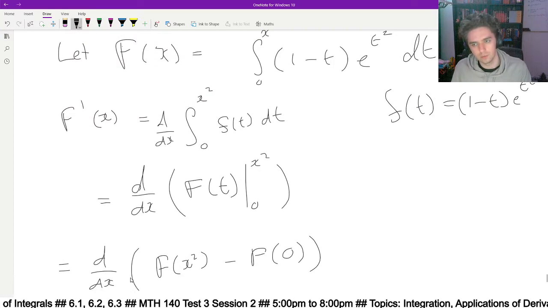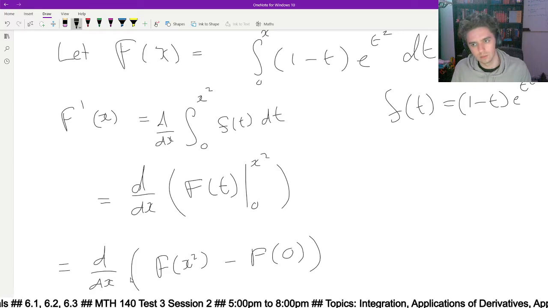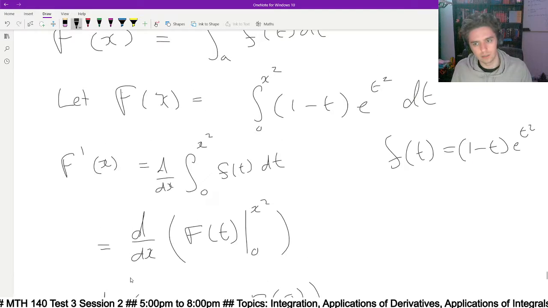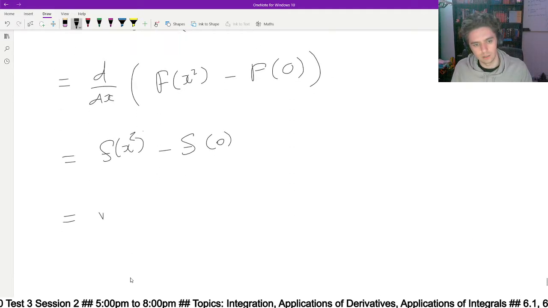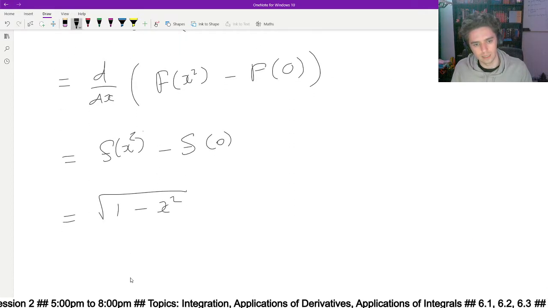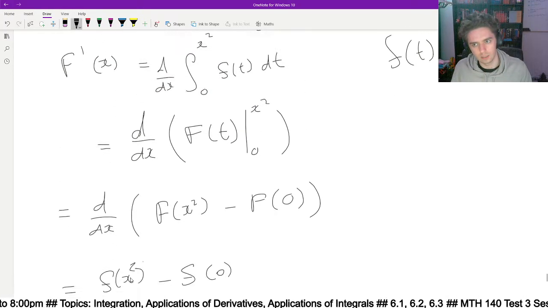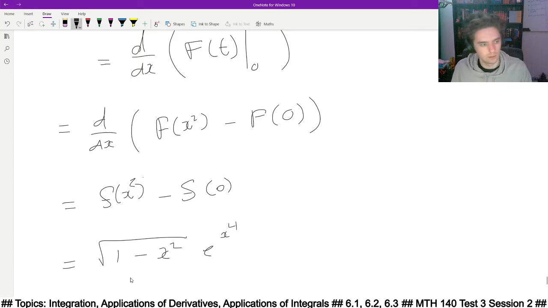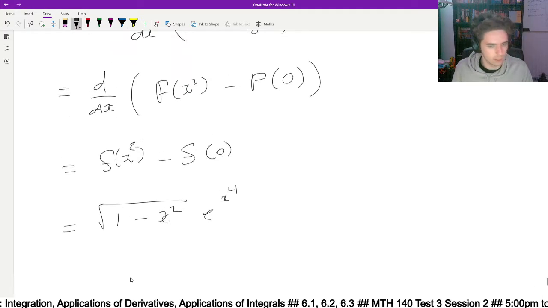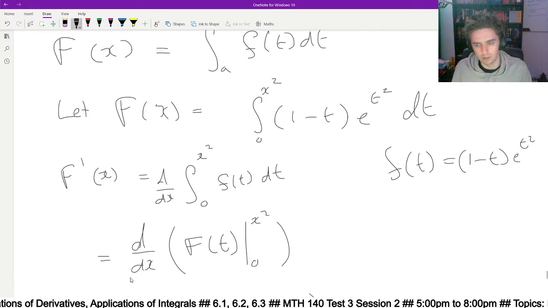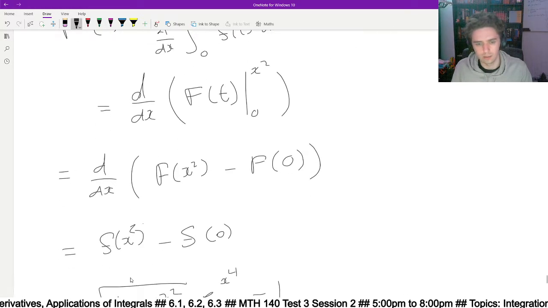So f of 0 would be 1 times 1, so f of 0 would be 1. f of x squared is just going to be 1 minus x squared times e to the x to the 4, right? Minus 1.